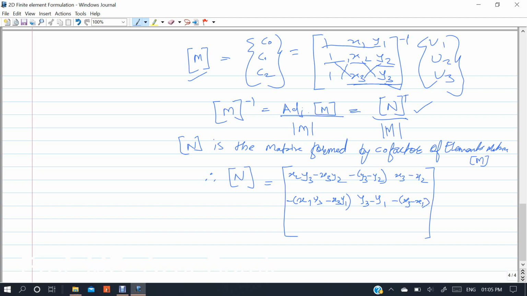Now for the third row, we consider the first two rows for multiplication, and the answer will be x1 y2 minus x2 y1.